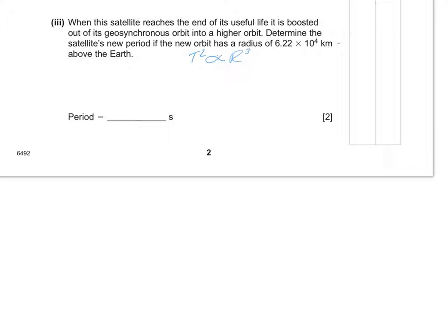So we're interested in a period, so I would write T squared over r cubed equals a constant. And how does that help us? Well, we have initial conditions of a known period of 1 day and a known radius, which we worked out by adding the radius of the Earth to the height.